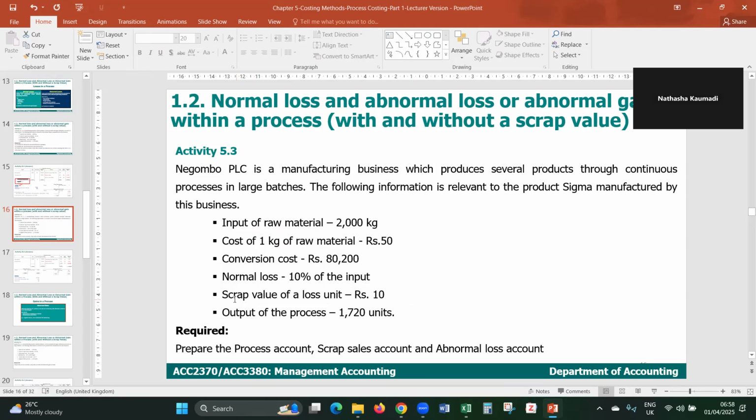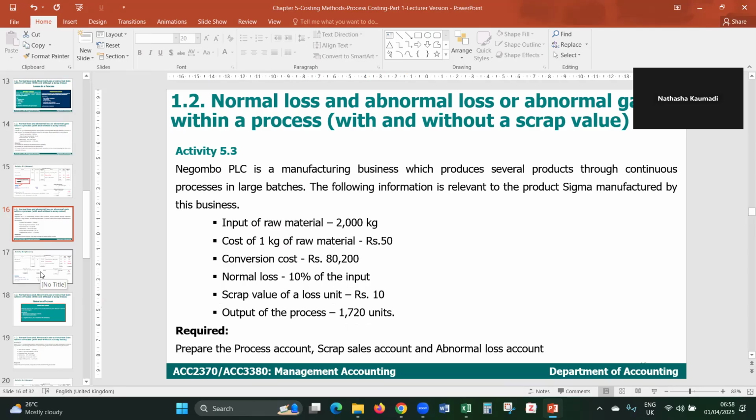And here in this question, you can see scrap value of a loss unit is 10 rupees. That means you can sell the loss units at a price of 10 to outside parties. And the output of the process is given, 1720.